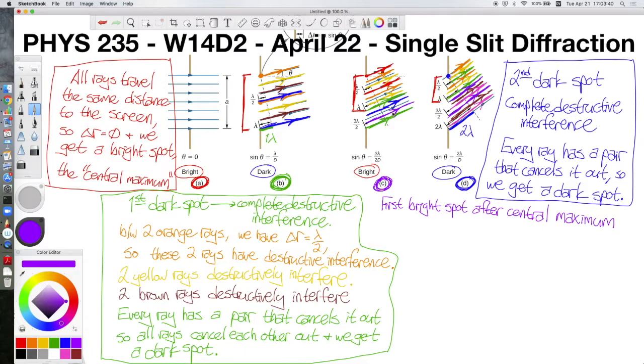The blue ray and the purple ray in this diagram don't have a pair to cancel them out. So not all of our rays pair off and cancel each other out. We have some rays that are flying solo and have nothing to cancel them out, and it's those rays that are responsible for creating a bright spot here.